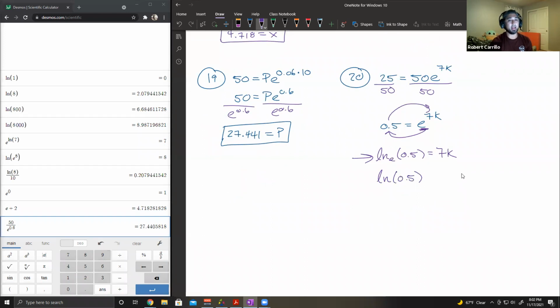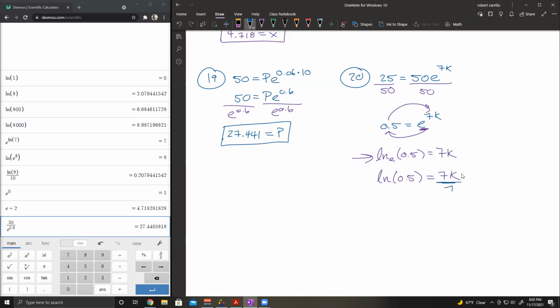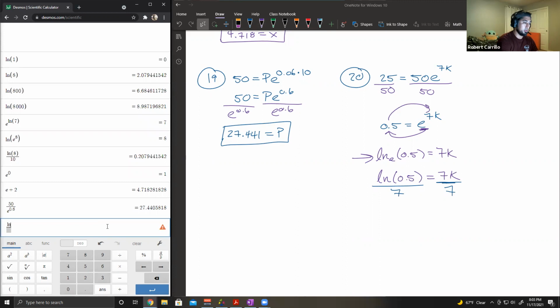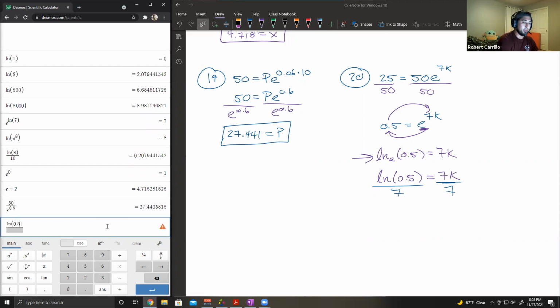So we just rewrite it as natural log 0.5 equal to 7k. And then we divide by 7. And we get natural log of 0.5 over 7. And our final answer is negative 0.099 equal to k.